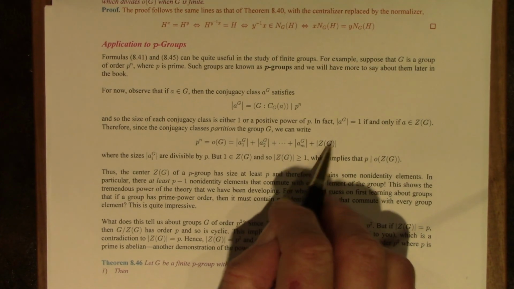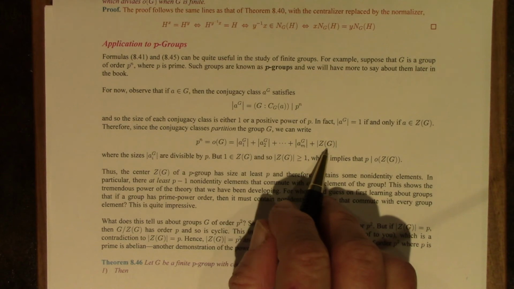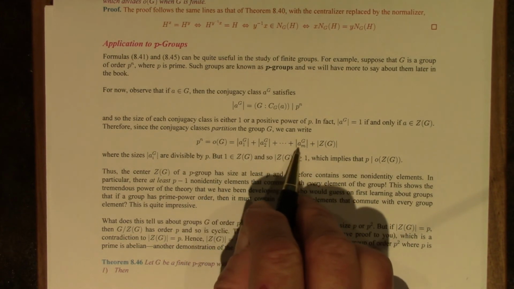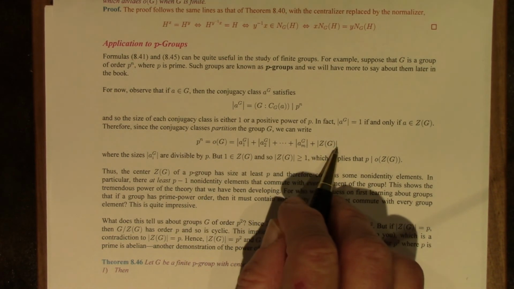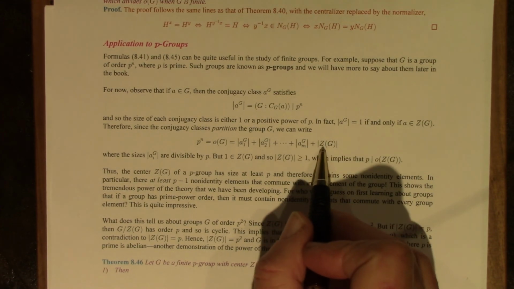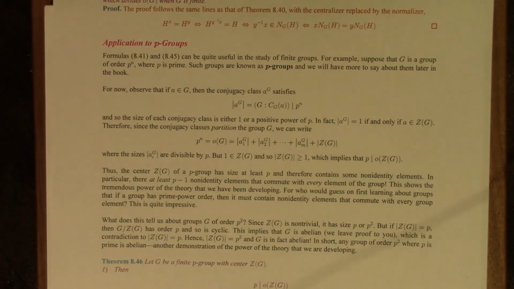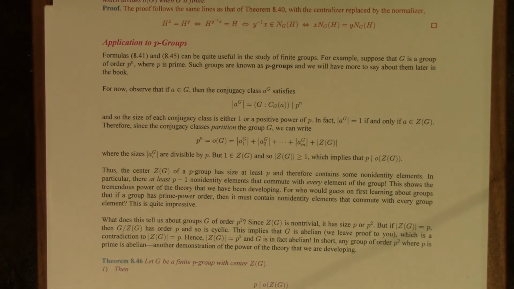There's one of those for each element in the center. So when I take the sizes, I get the size of the conjugacy classes, including the size of the center. Otherwise, I'd have a bunch of 1s, and the number of terms would be equal to the size of the center, so I just collected them all.